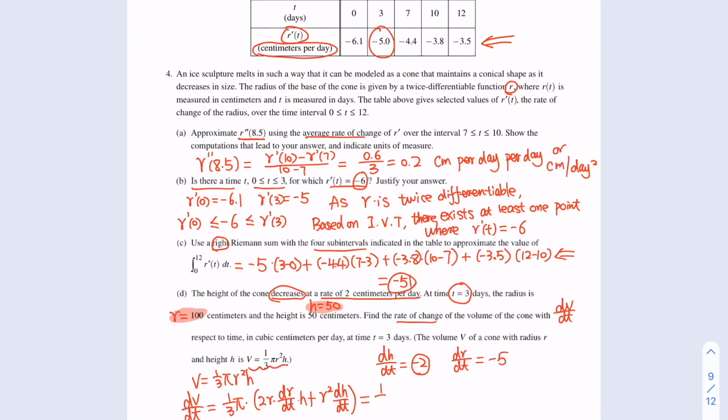This gives us 1/3 pi times (2 times 100 times dr over dt -5 times h 50 plus r squared times dh over dt -2). You can leave your answer like this, or you simplify it: 70,000 over 3 pi cubic centimeters per day.